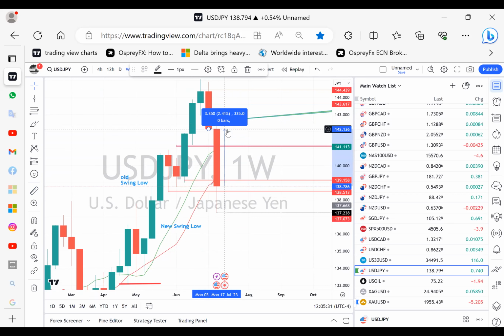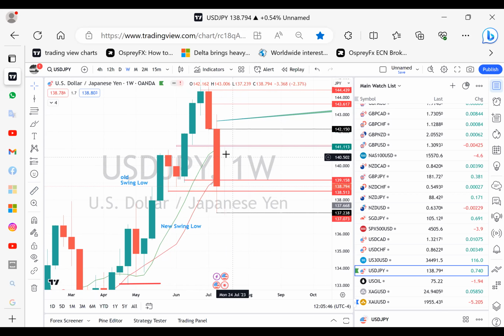Do y'all agree? Do y'all understand that? Anything short of a 300 pip move is going to create what? Imbalance. So that's highly possible.